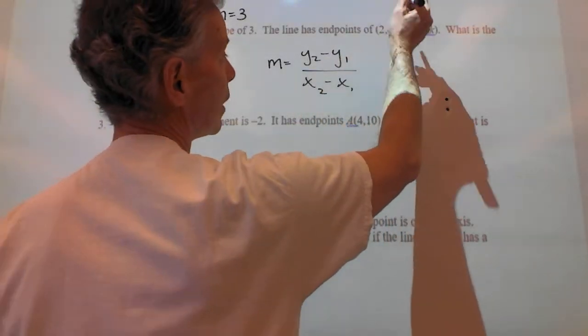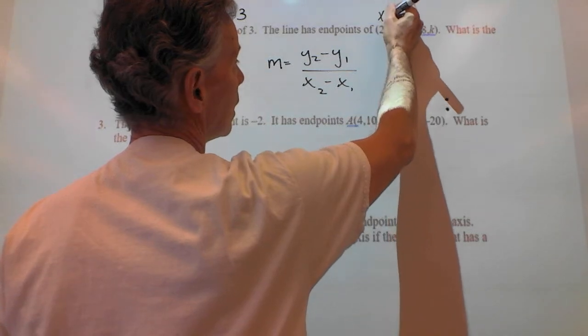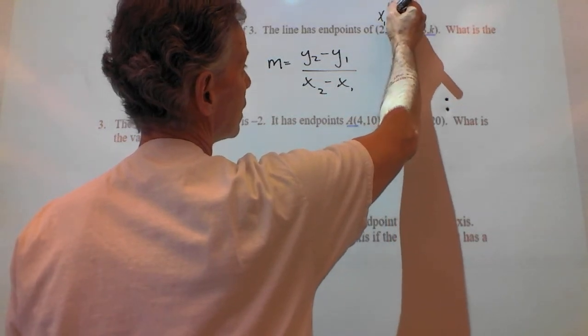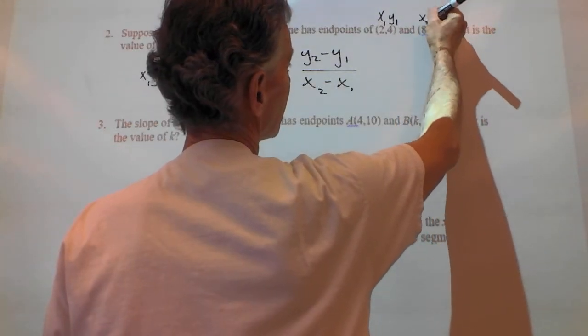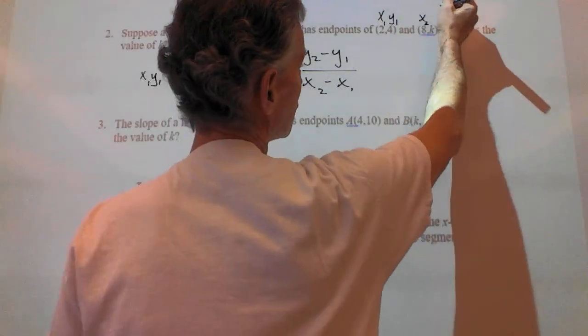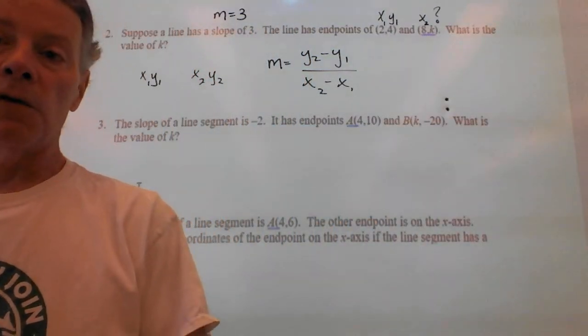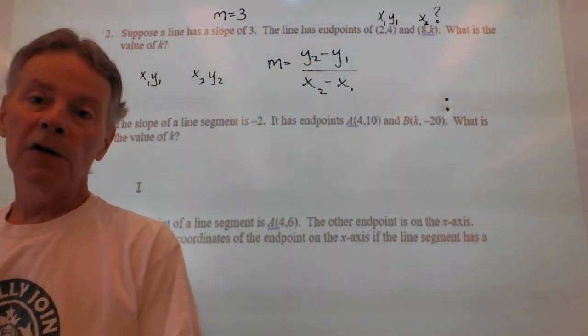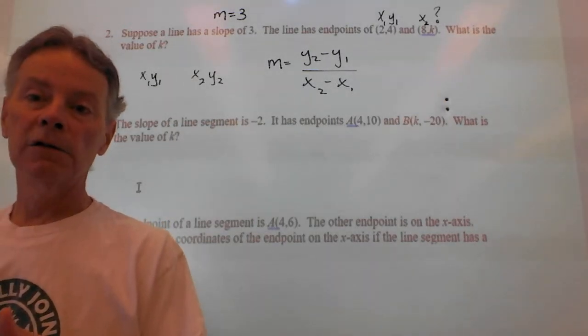They've given you a value for your x1 and y1. They've given you a value for your x2, but your y2 is unknown. Okay? So don't get all worried about that.